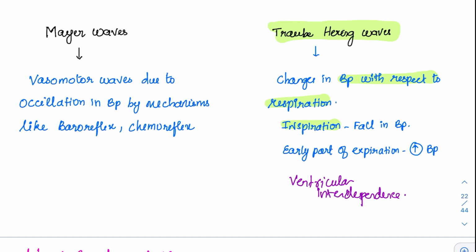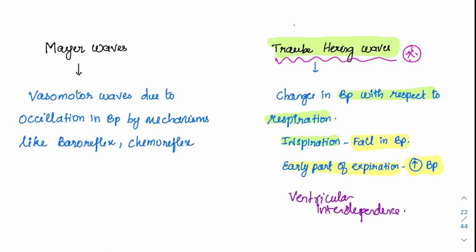Now the right ventricle is having more blood, the left ventricle has a little less blood. So there is a fall in BP. But during the early part of expiration, there is an increase in BP. This is called a Traube-Hering wave, the BP fluctuation during respiration. This will happen for all the respiratory cycles.